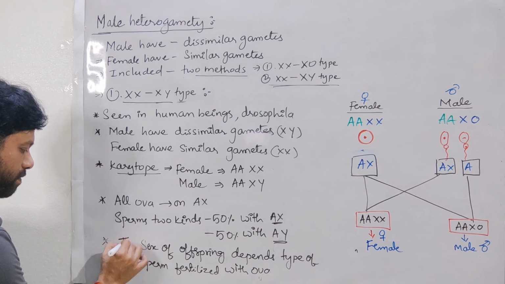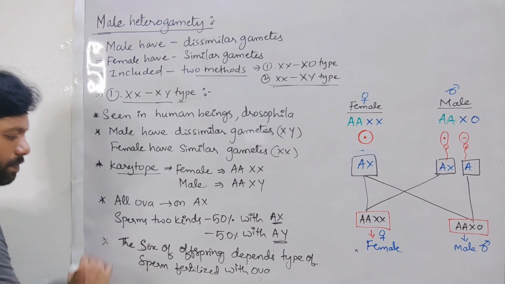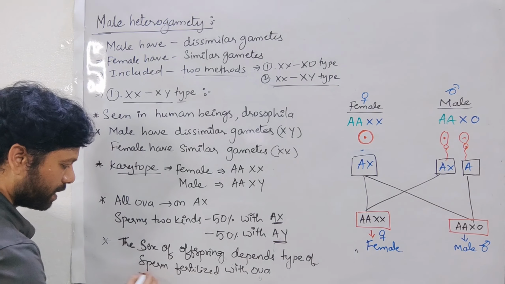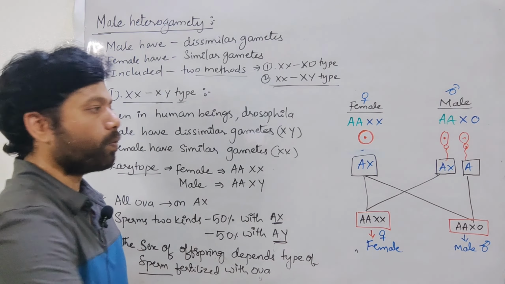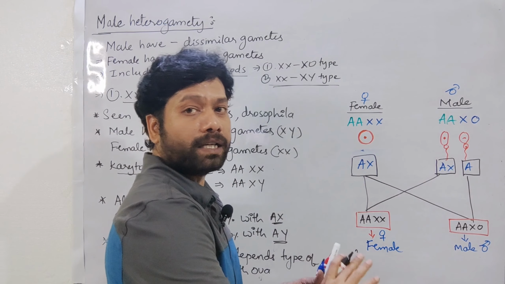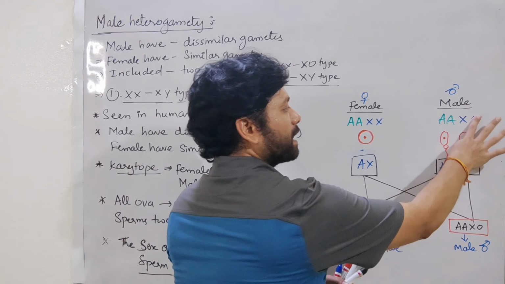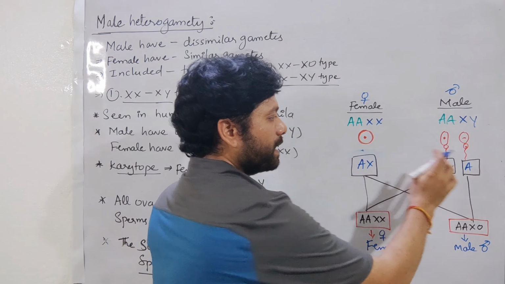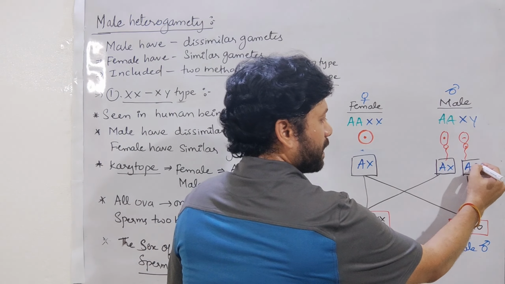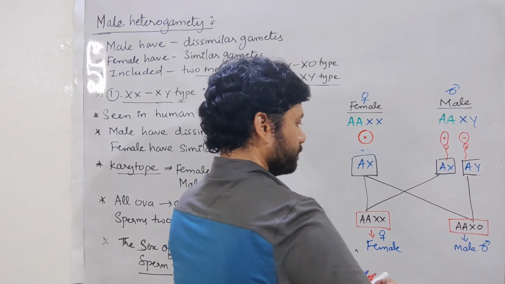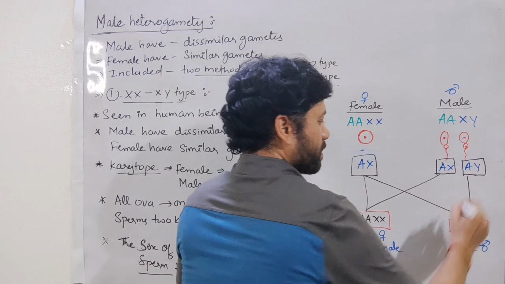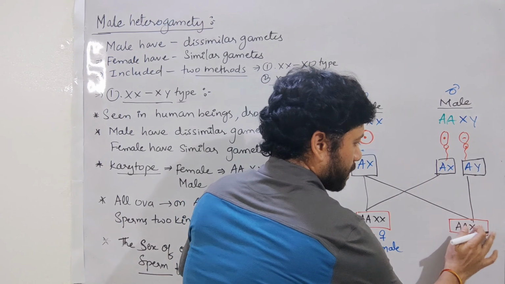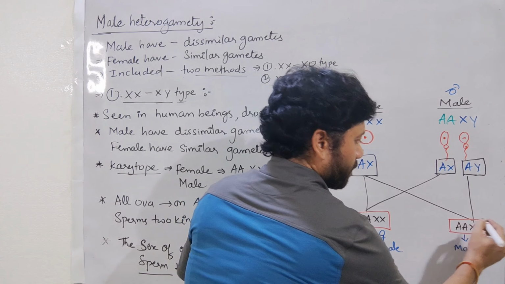Okay, the sex of offspring depends on the type of what? Sperm fertilized with ova. So here the same, female as usual. Here just change the word, male contains what? Y. And here just change Y, and also here the change is Y. Same.